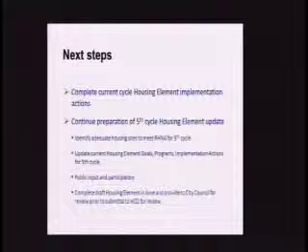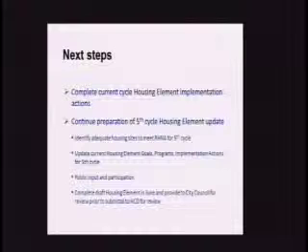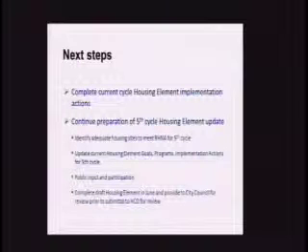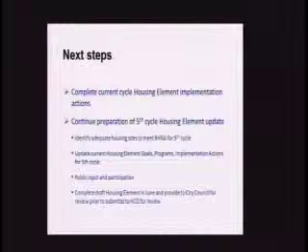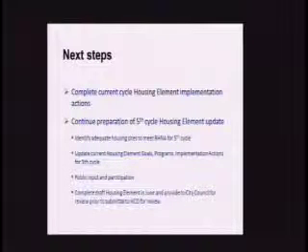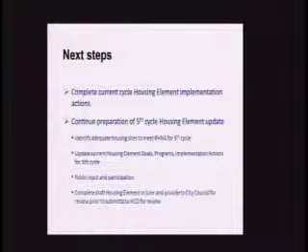The public has an opportunity tonight to comment or ask questions about the housing element. And we will have an open house once we get the draft completed. We expect to complete the draft housing element in June, and we'll bring it back to the City Council for review prior to submitting it for an initial review by HCD. And that concludes my presentation.